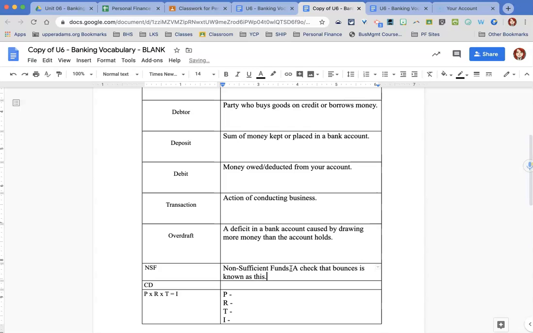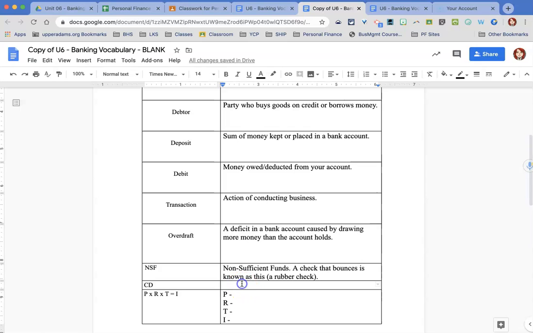If you think about a rubber ball, it bounces down the road. A check that does not have enough money in the account to support it will bounce, just like a rubber ball. It's a rubber check. That's why they say that it bounces. So an overdraft, an NSF, a rubber check, a check that bounces, it all refers to the same thing: when there is not enough money in the account to support a check or a draft made on that account.